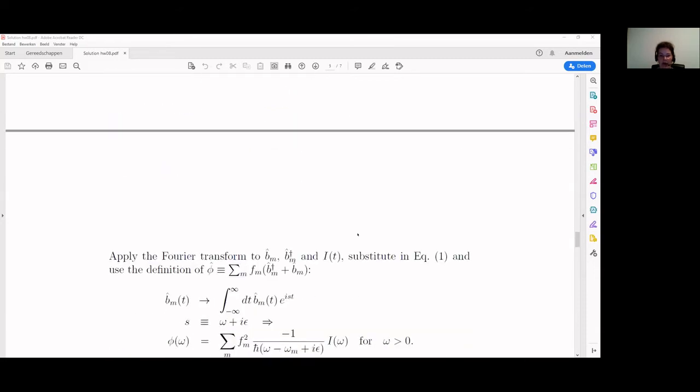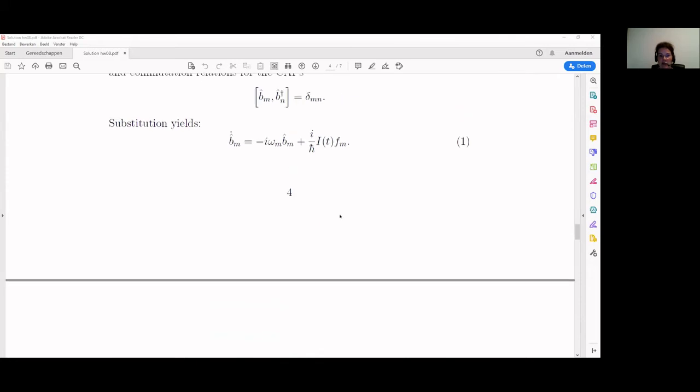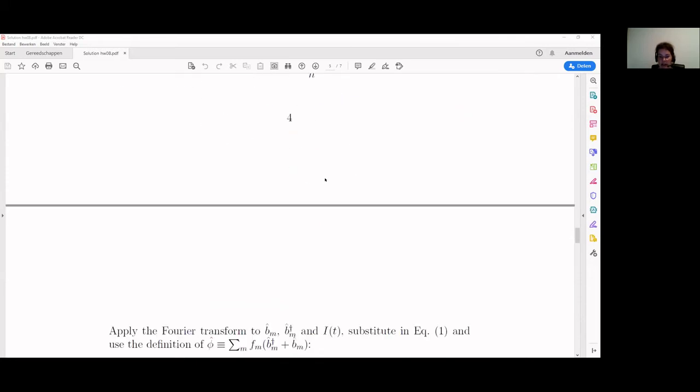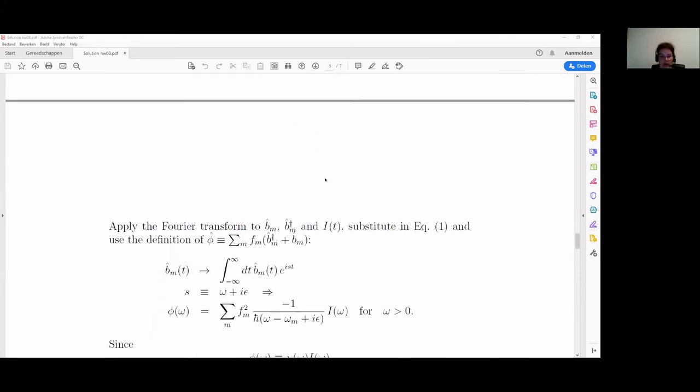And once we have that, we can apply the Fourier transform to the operators Bm and Bm dagger, and also to the current I(t), and use that to transform this entire equation of motion.